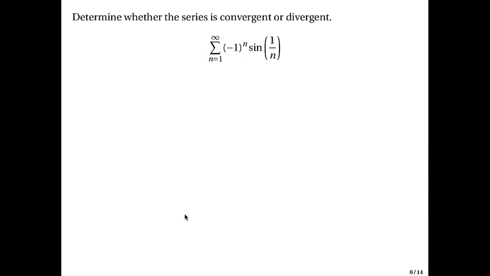Okay? So let's check. First, it looks like it's an alternating series. But actually, we will see that this is indeed an alternating series. So the only thing that we need to show is that this sine of 1 over n is always positive.